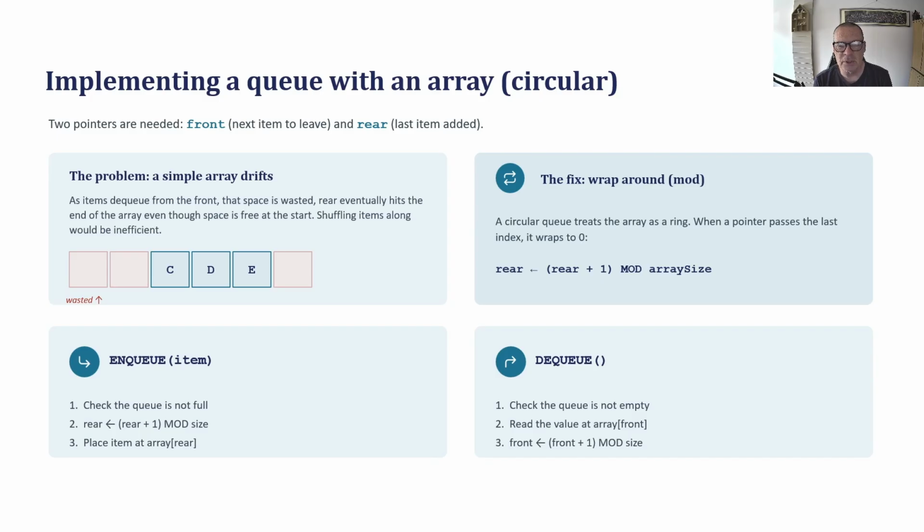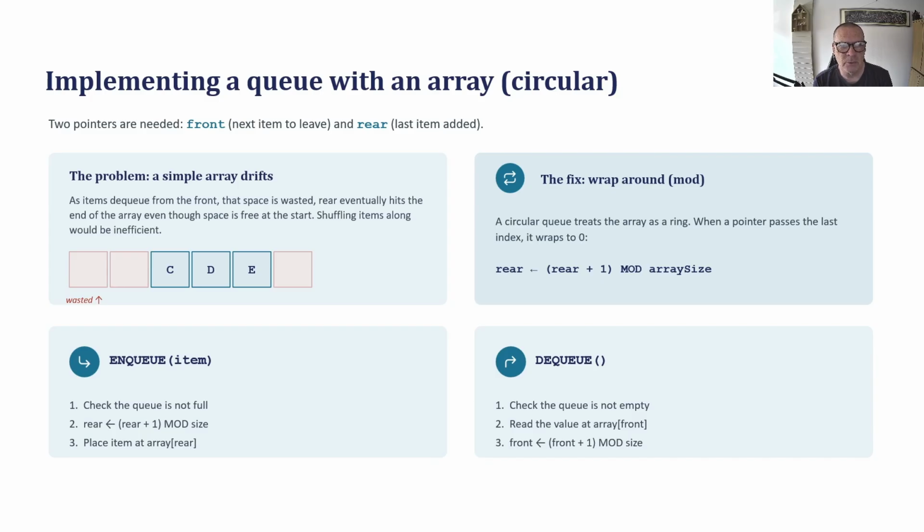So what we do is we say the new rear pointer is the rear plus 1, but then mod by the array size. That means divide whatever number we get when we add 1 to the rear by the total size of the array and find the remainder.